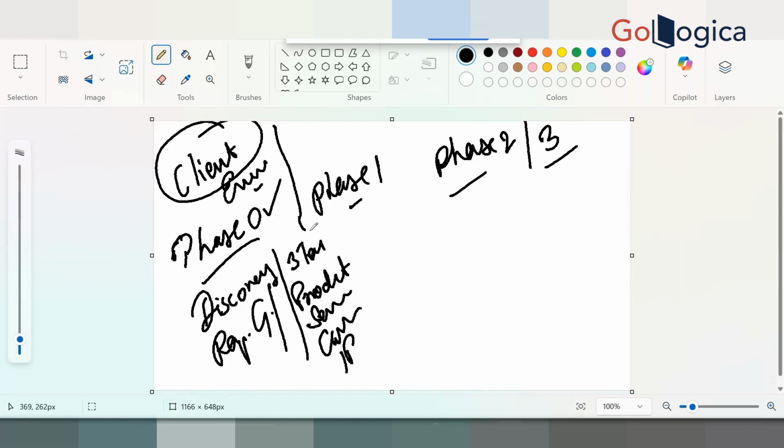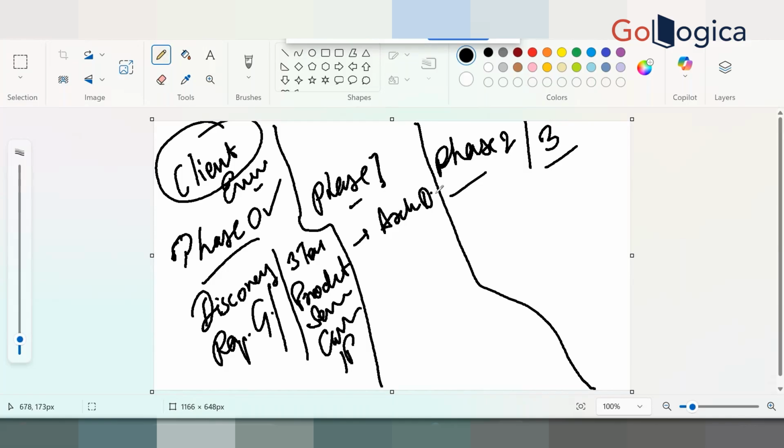Okay, after phase 0, phase 1 is very crucial for us. Over here, after gathering all these things, we are preparing details like the architecture diagram, SOPs, HLD diagrams, LLD diagrams.